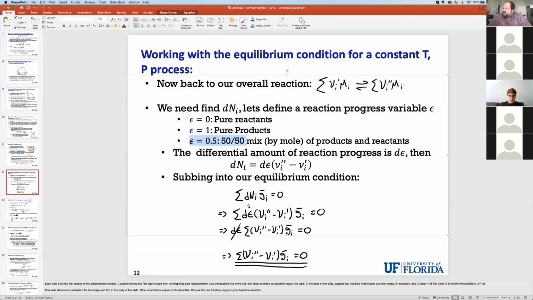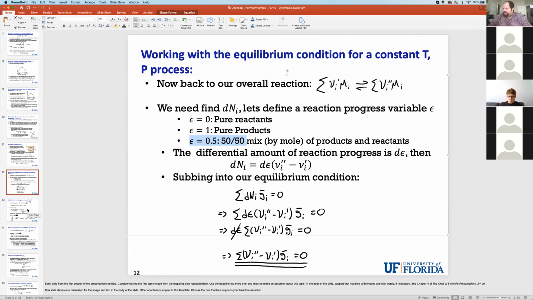Well, this d epsilon is constant for all the species in a given reaction. So we can yank that out and then basically cross that term out. And then what we wind up with is that for a given reaction, the chemical equilibrium condition is that the sum of (nu_i double prime minus nu_i prime) times g-bar_i is equal to 0. Okay.